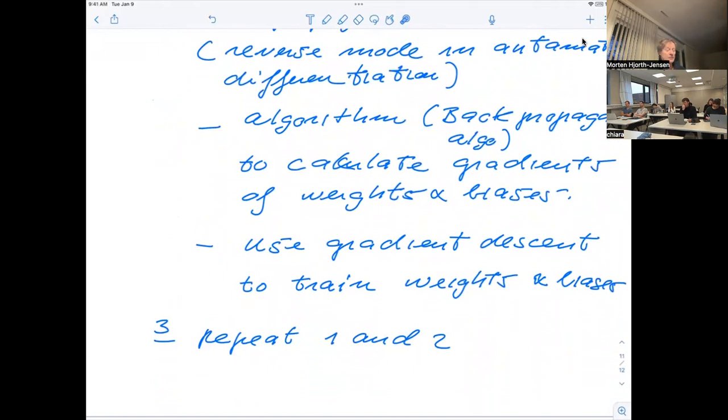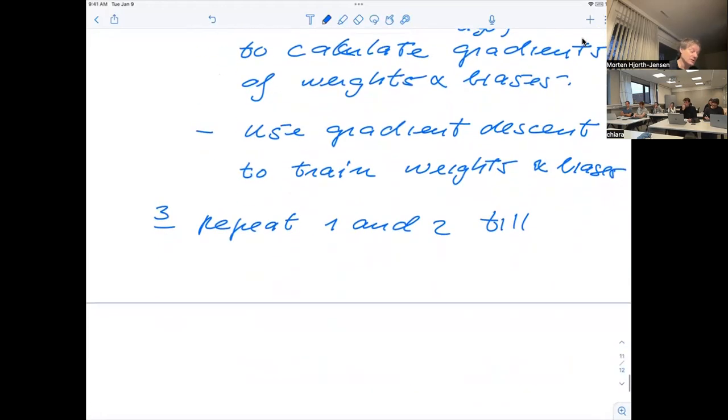And then we go back and forth and repeat 1 and 2 till the score, which could be the mean squared error, is acceptable. And acceptable means that you have to define what is acceptable or not. So if suppose the mean squared error is 10 to the minus 3, and you're happy with that, then you're done.